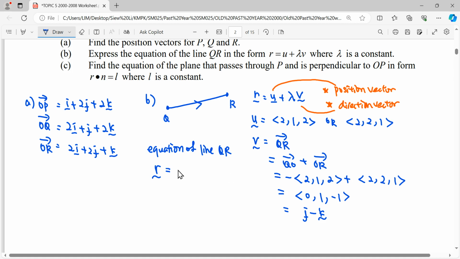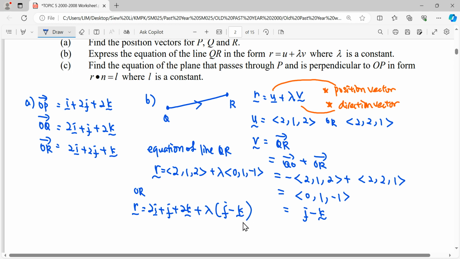So I choose (2, 1, 2), plus lambda v, where v is (0, 1, -1). So I write this vector in vector form, or we can write it in full, which is 2i plus j plus 2k, plus lambda times (j minus k).